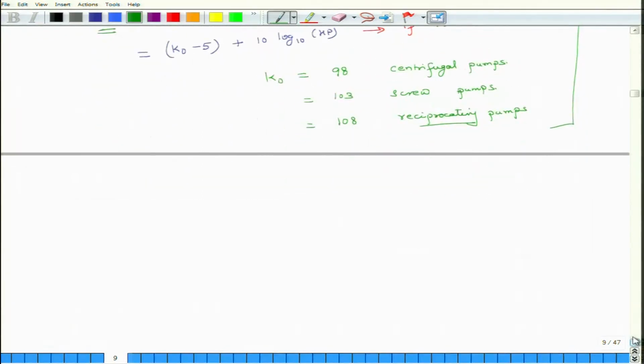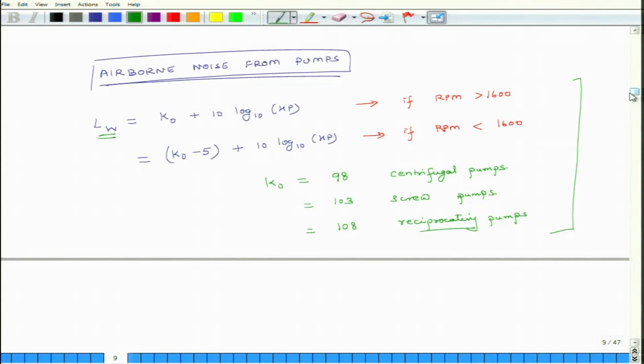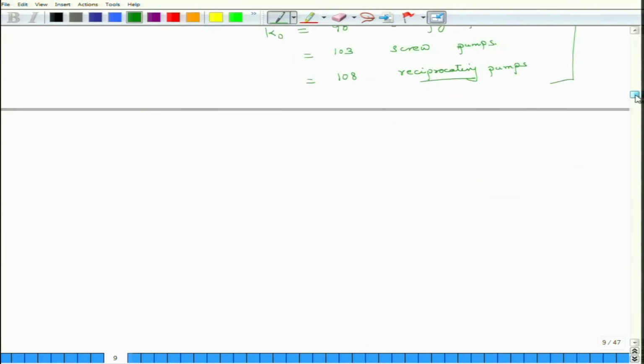And then finally, if you are interested in finding out the sound power level for a specific frequency band, an octave band, then we have to compute LW octave, that equals LW minus another factor, and I call it F2. And where do you get this? Again, people have done a lot of experiments, and based on all that data, I will just give you a 2-line table.